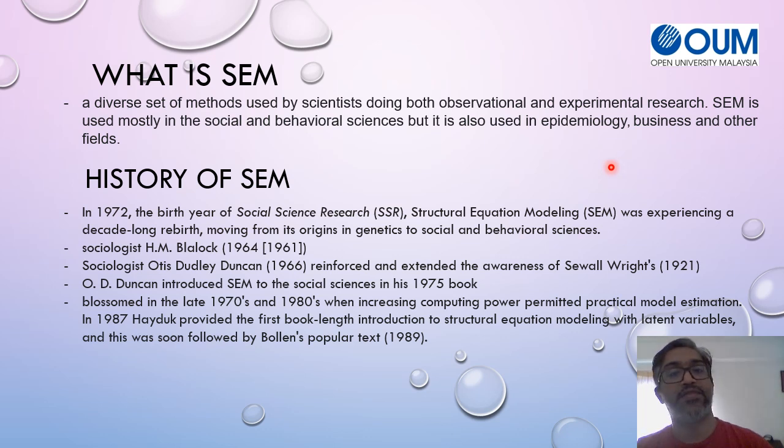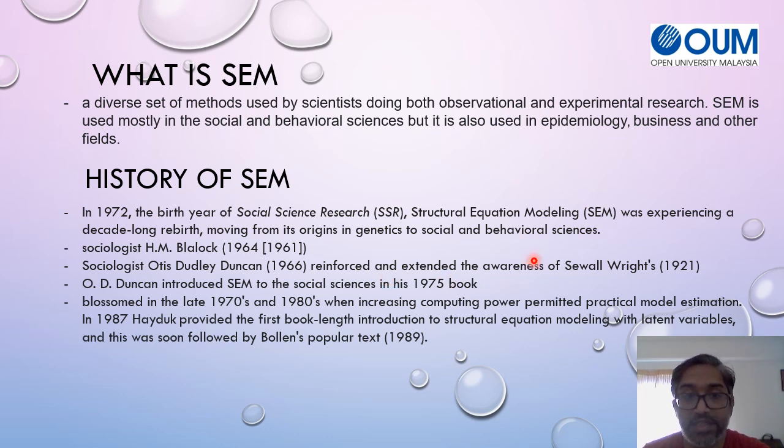The history of SEM: in 1972, social science research, which is structural equation modeling, was experiencing a decade-long birth, moving from its origins in genetics to social and behavioral sciences. Sociologist Otis Dudley Duncan, 1966, reinforced the earlier design and extended the awareness of Sewall Wright's work, 1921.